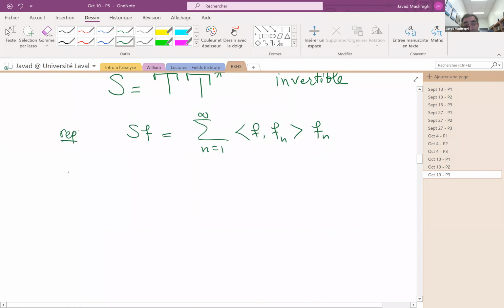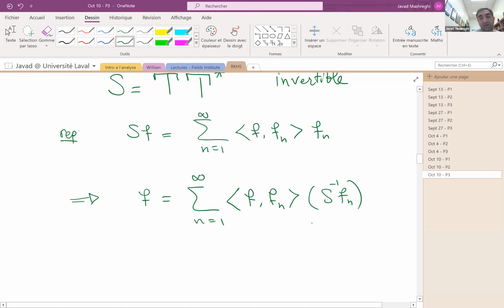But the good thing is that this operator is invertible. One thing that we can do is to multiply both sides by S minus 1. So one formula is this: f is equal to the sum of f inner product Fn times S minus 1 Fn.